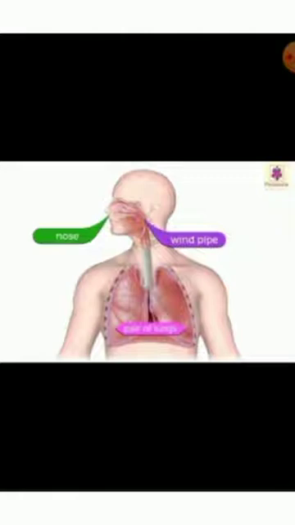It is done in the lungs by the expanding and contracting of lungs. It is a very important respiration process.